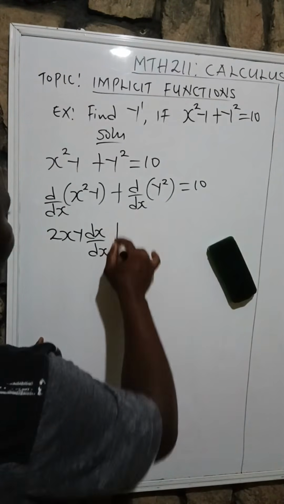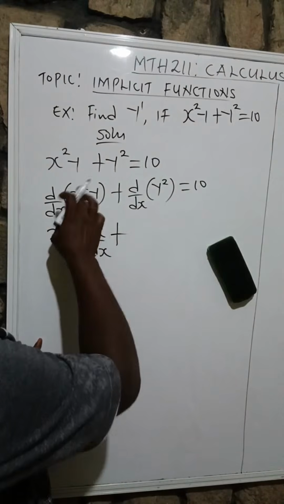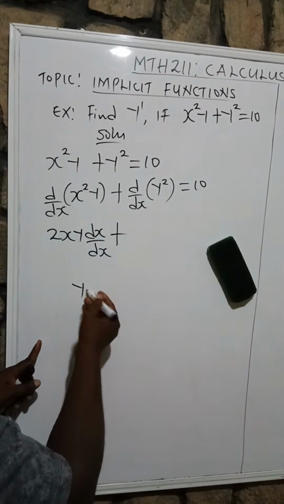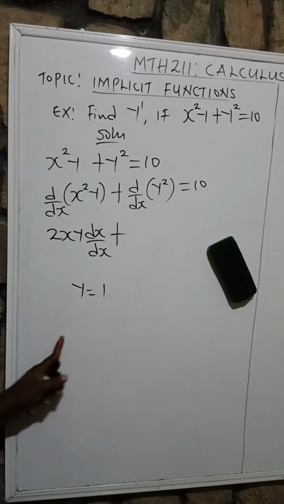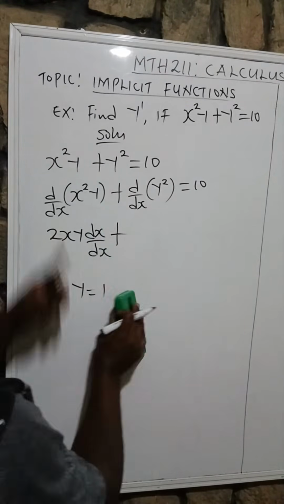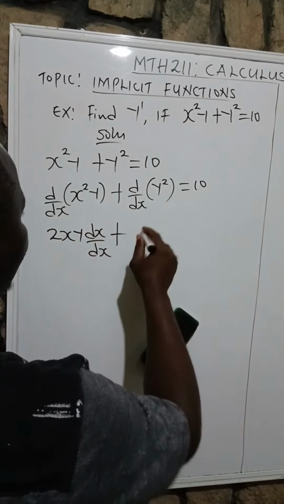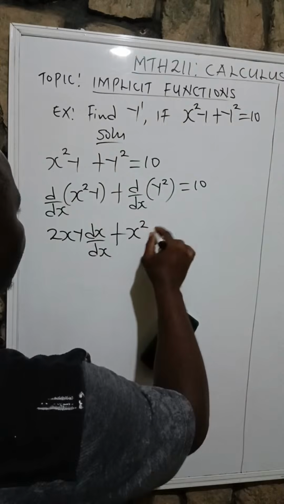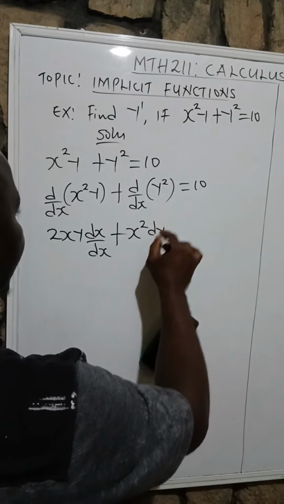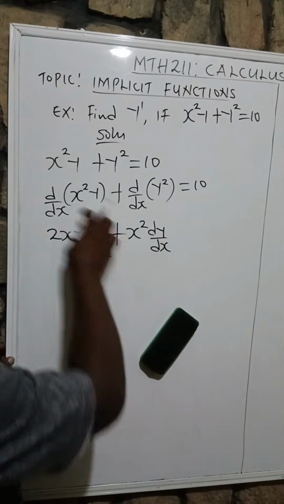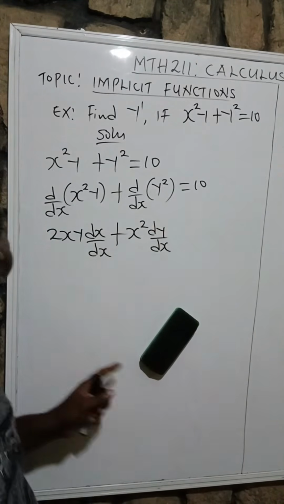So here will be plus, we hold x squared and differentiate y. If we differentiate y, we are going to have 1. True or false? So 1 times x squared, we'll have x squared dy over dx, because we differentiated for y. That is why we are having the dy.